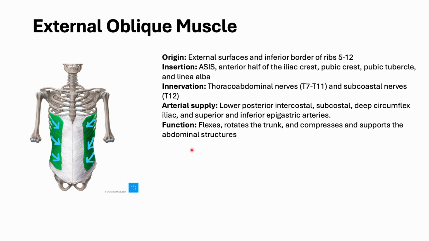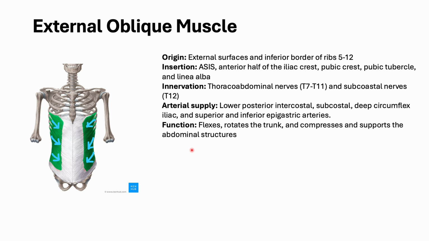Innervation, and I know that these sound really complicated right now, but you'll see that many of these muscles are innervated by the same thing. So you have the thoracoabdominal nerves, which is T7 to T11, and the subcostal nerves, which are T12. Arterial supply is also pretty overwhelming, but we'll see it over and over again.